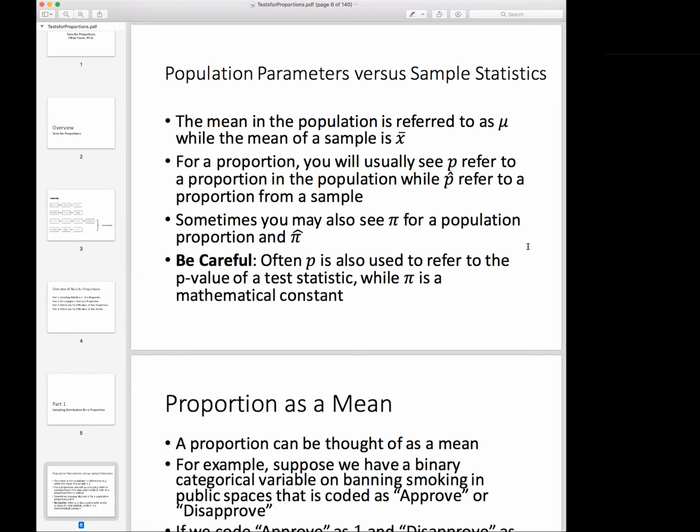For proportions, we will usually refer to the population parameter as p, to represent the proportion in the population, while the sample parameter will be p hat for a proportion. And sometimes you'll see pi, which is just the Greek letter to substitute for p. So just be mindful of that.